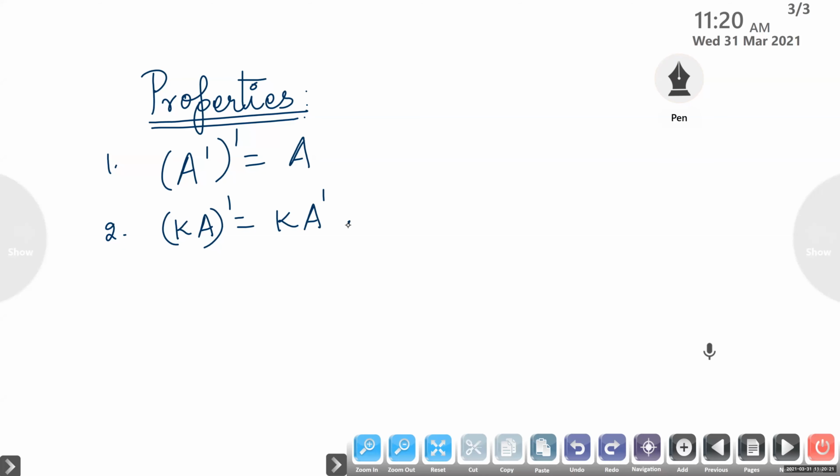But we will use another name here instead of constant. What's the name we have used there? Yes, Gauri. K is a scalar. K is any scalar quantity. This is the second property.